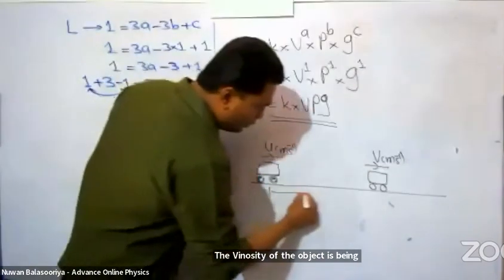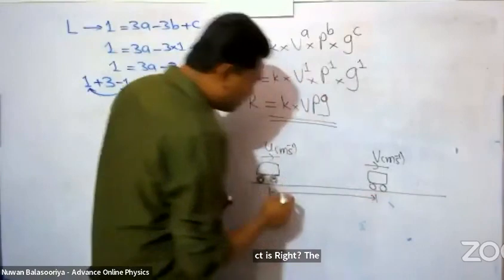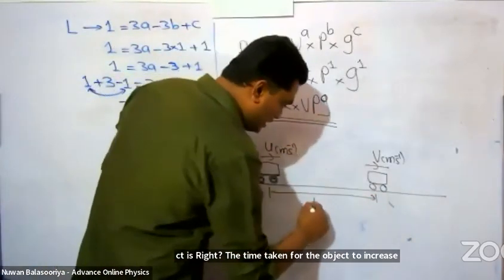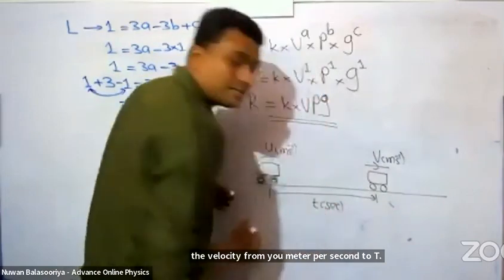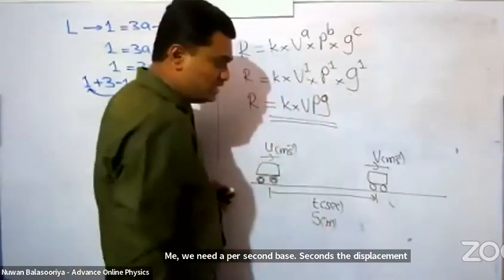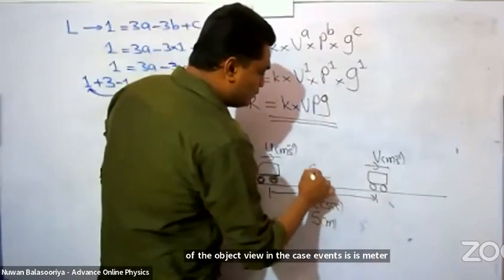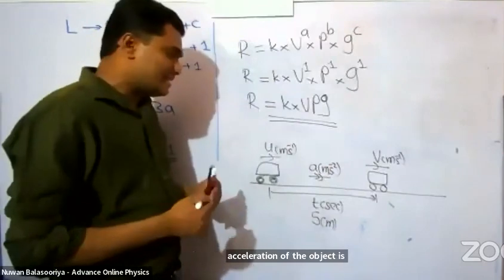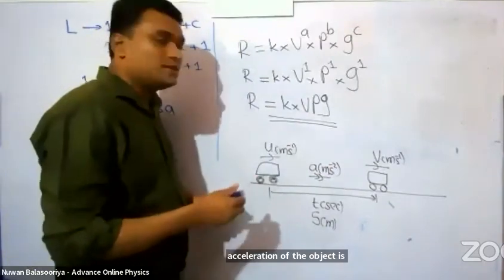The time taken to increase the velocity from u to v is t seconds. The displacement of the object during the t seconds is s meters. Acceleration of the object is a meters per second squared.